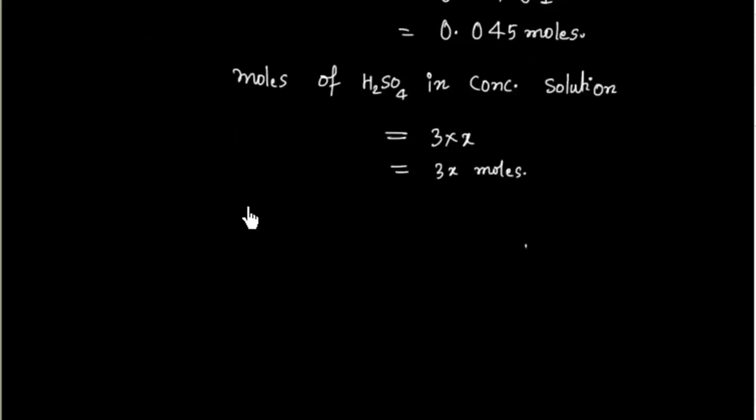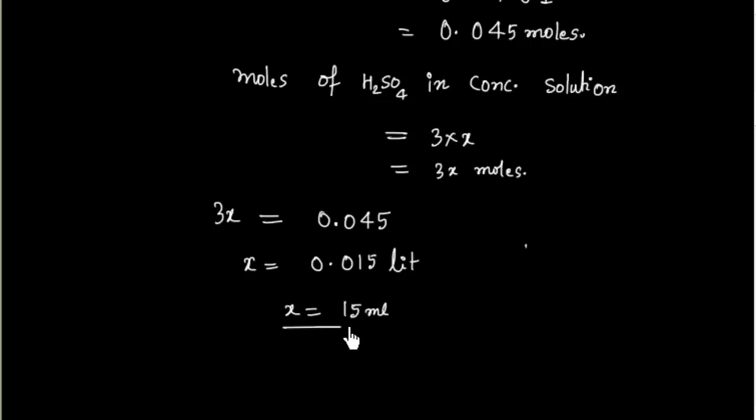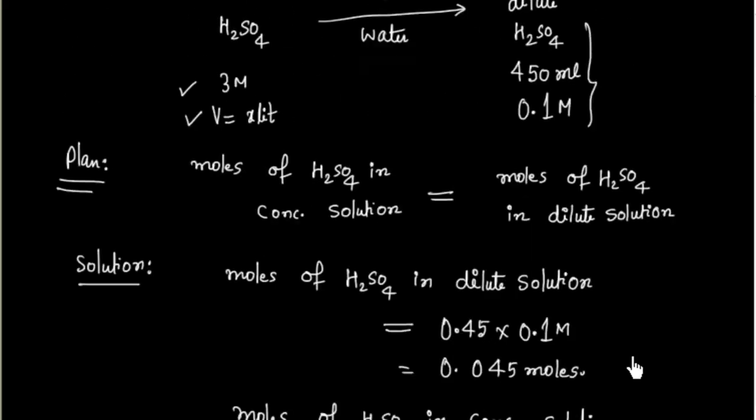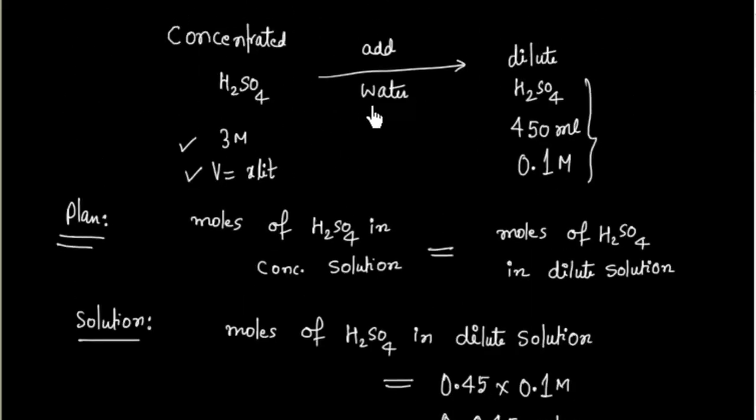Now we can equate these two because the initial number of moles of H2SO4 is the final number of moles of H2SO4. So from here we can calculate x, and this is 0.015 liter, that is x is equal to 15 milliliter. So we have to take 15 milliliter of concentrated H2SO4, add sufficient water, so that finally we have 450 ml of dilute solution.